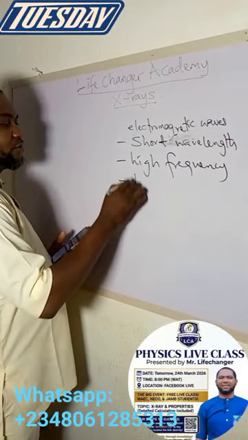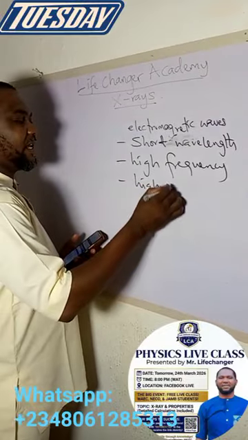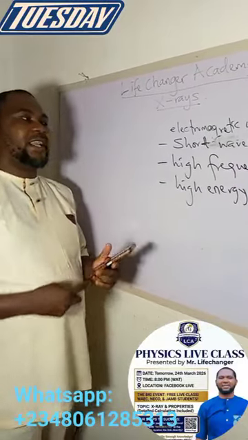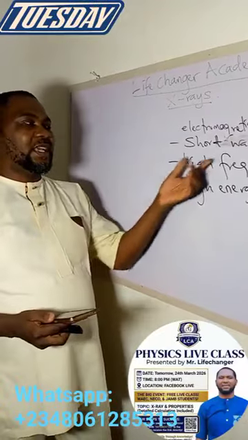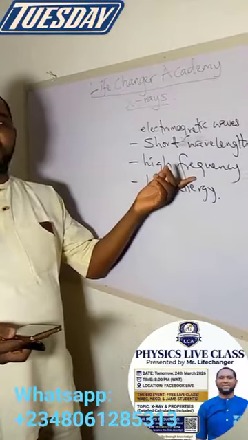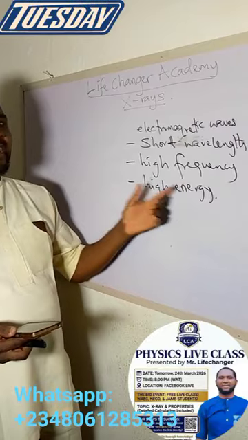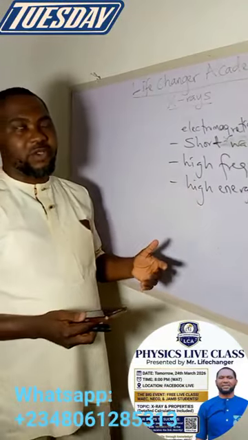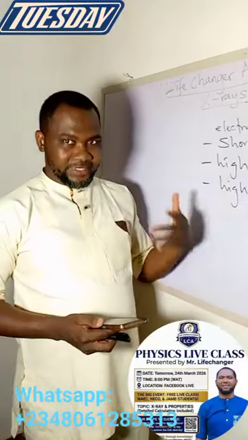Then the third thing you need to know is that it has high energy. So whenever you hear of an electromagnetic wave that has short wavelength, high frequency, and high energy, you are talking about X-ray.